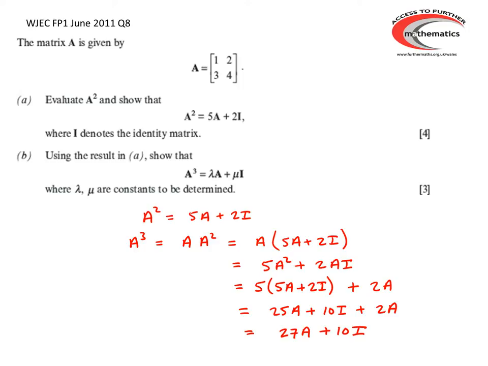And then for the second part of the question, we needed to make use of the fact that A cubed was the same thing as A times A squared, which obtained us the first mark. Replacing the A squared by 5A plus 2I gave us the second mark, and ending up with the answer of 27A plus 10I gave us the answer mark.